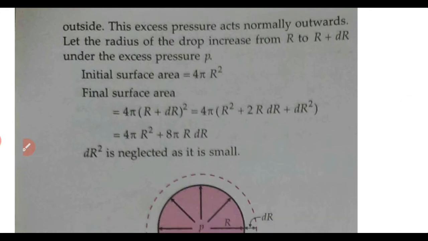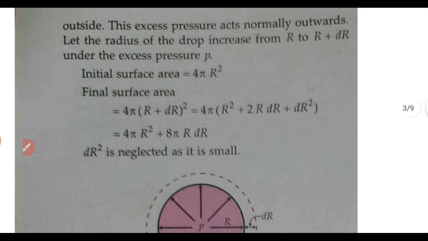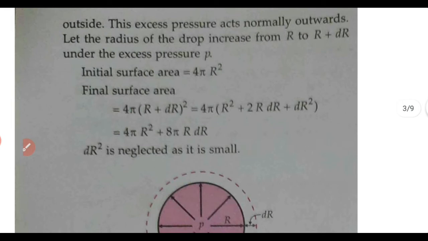Now we take only up to 2r dr, because dr, the fraction through which the radius increases, will be very small, so when we square it, it becomes negligible. For example, 0.1 is small. If we square 0.1, we get 0.01, which is still smaller. So we neglect the higher power dr square.